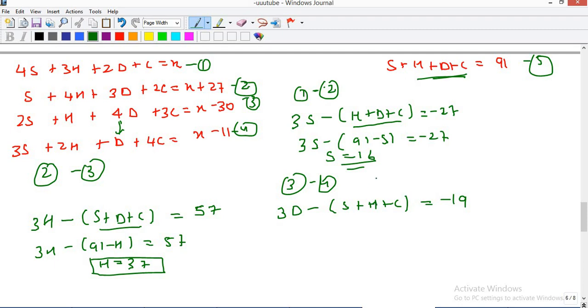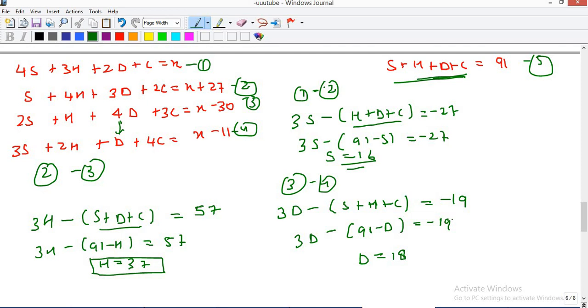And again S plus H plus C I can find from here in terms of D, that will be 91 minus D, and this will give me D is equal to, let me see, solving this. This is 4D, 91 minus 19 is 72, so it will be 72 by 4, which is 18. So the value of D will be 18.